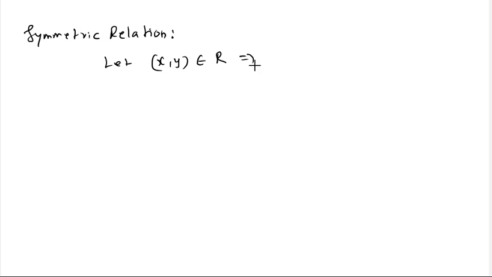To discuss the symmetric nature, let us consider an arbitrary member (x, y) of the relation R. That means both x and y have the same number of pages.